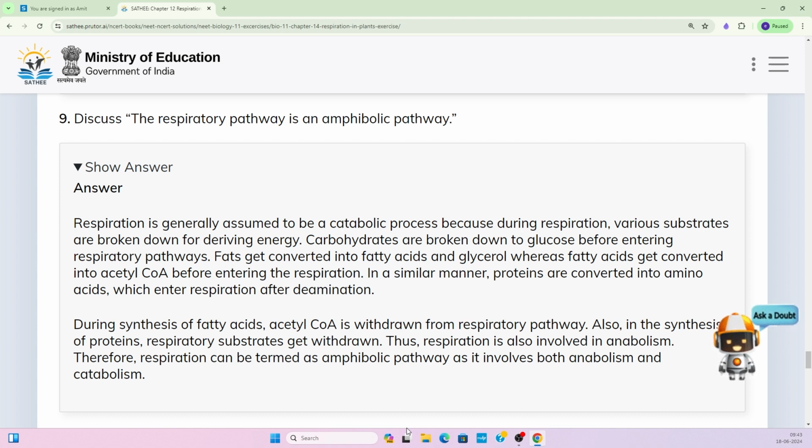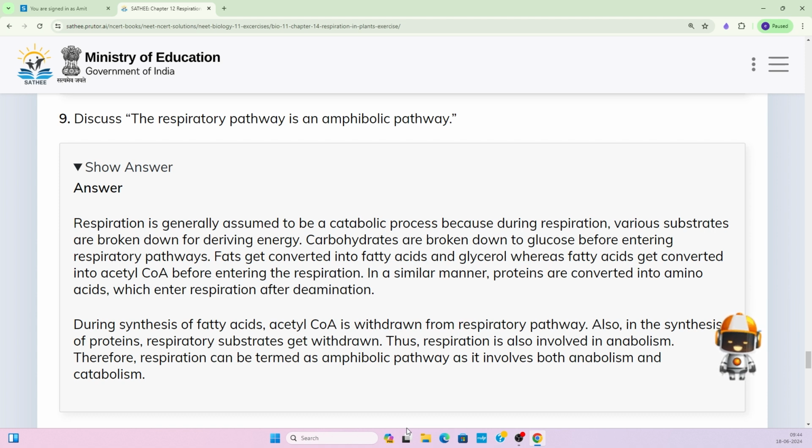Also, in the synthesis of protein, respiratory substrates are withdrawn: the amino acids are taken away from the respiratory pathway. Thus, respiration is also involved in anabolism. Therefore, respiration can be termed an amphibolic pathway as it involves both anabolism and catabolism.